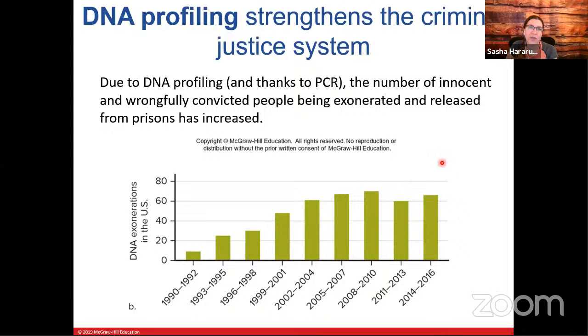Okay, so DNA profiling basically strengthens the criminal justice system, and thanks to PCR in particular, the number of innocent and wrongfully convicted people being exonerated and released from prisons has increased.